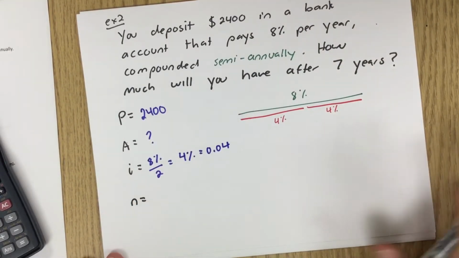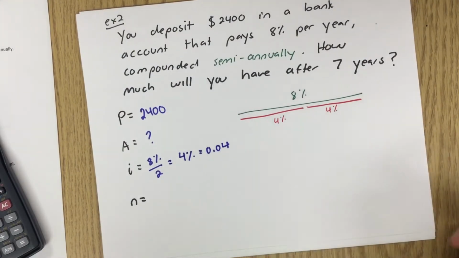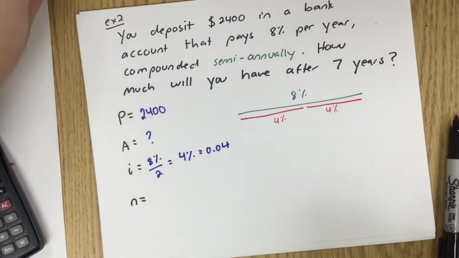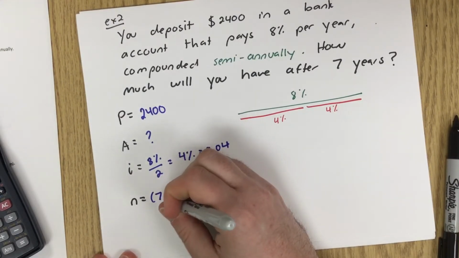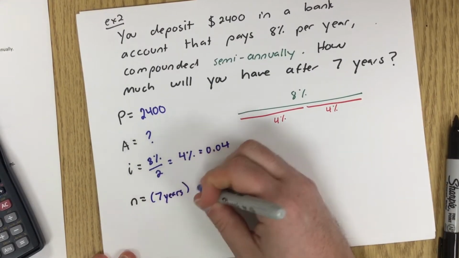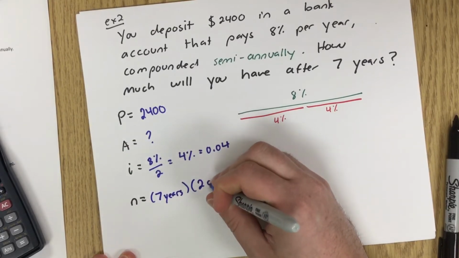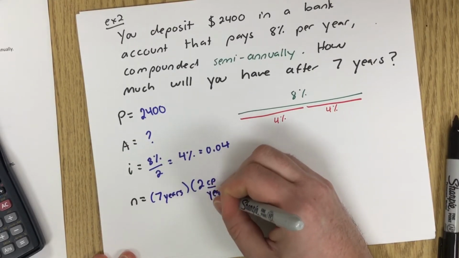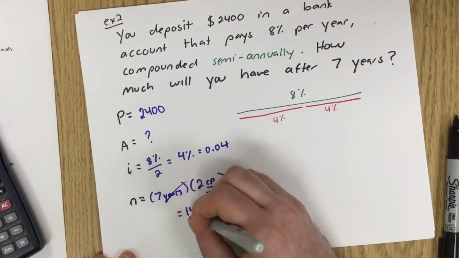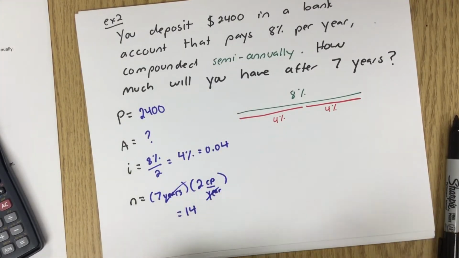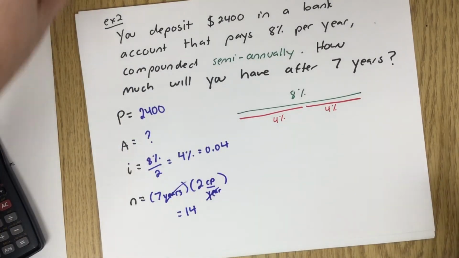It's 7 years, but we're doing it twice per year, so 2 compounding periods per year, which gives us 14. So the N is going to be equal to 14.